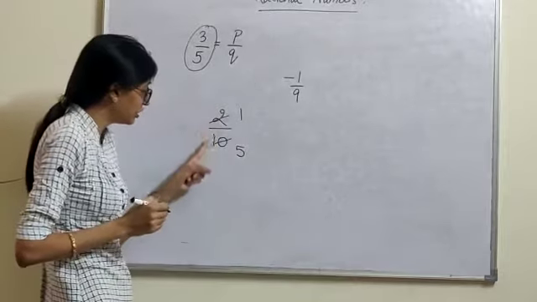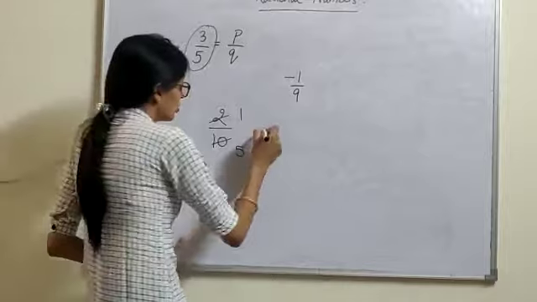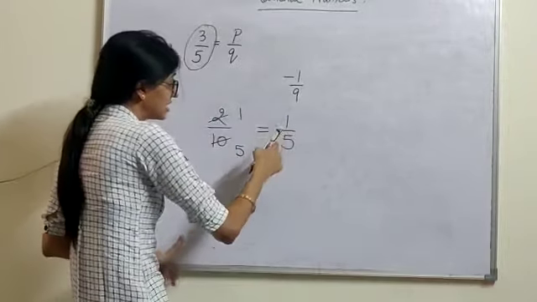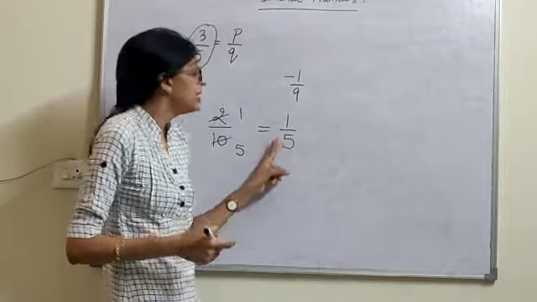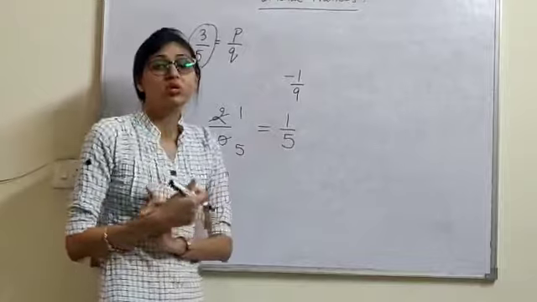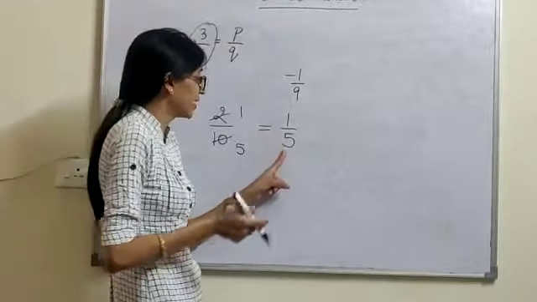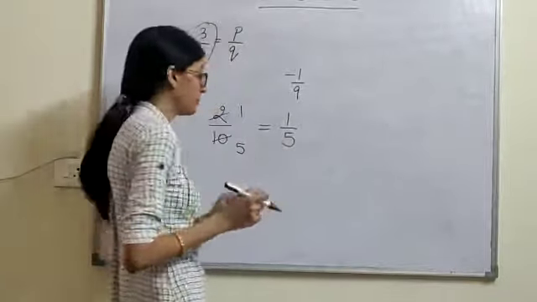So I can reduce this rational number to 1 by 5, and this is the final rational number in standard form because both 1 and 5 only come in the table of 1 and 1 is the only common factor. Okay, so this is the rational number in standard form.